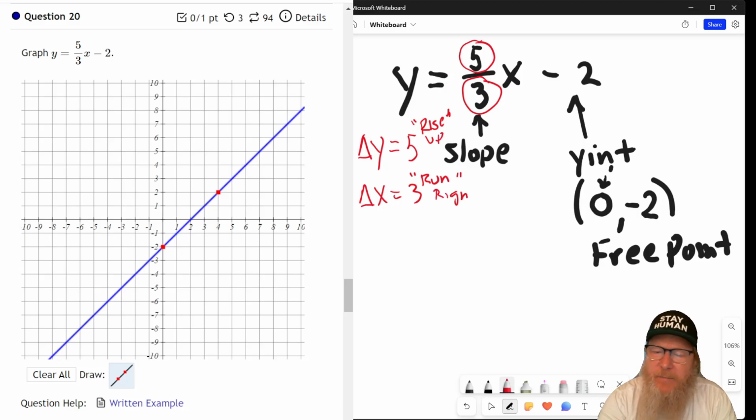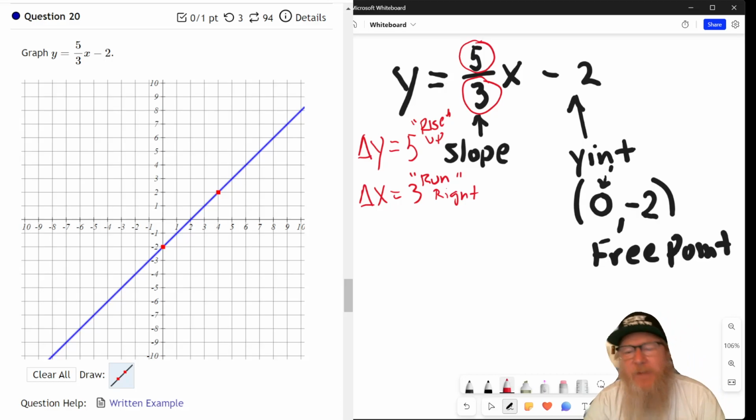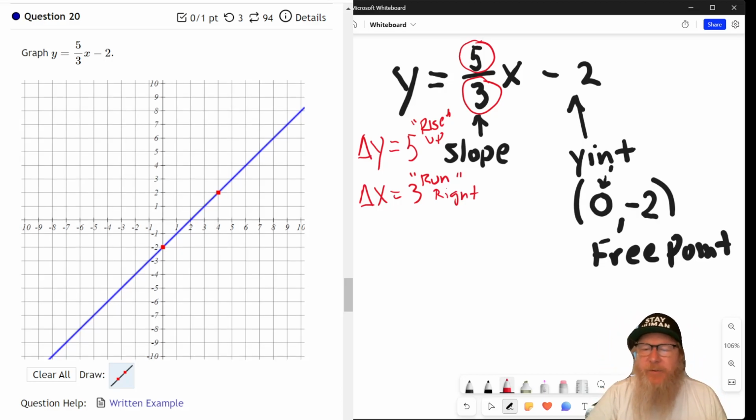That's what positive means. I'll do maybe another example if I have time, but I really just wanted to cover this one first. I will mention that if the slope was negative, then instead of rising up, I would rise down. Some people might call that falling down, but we call it rising negatively, instead of falling down.